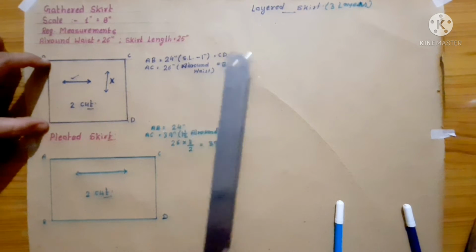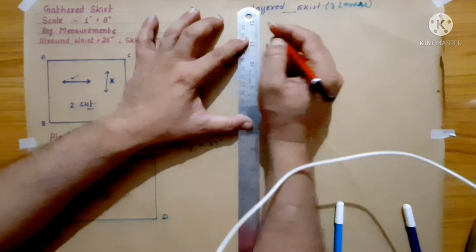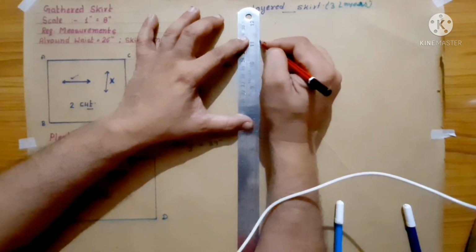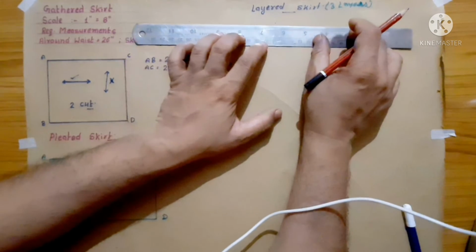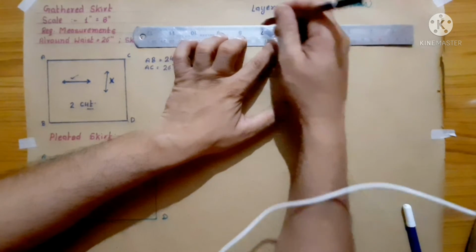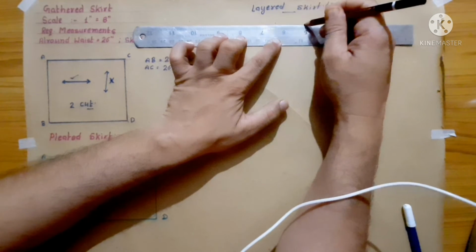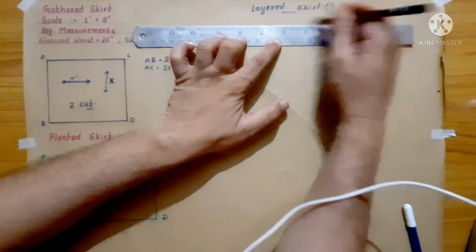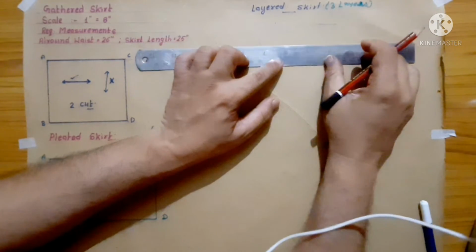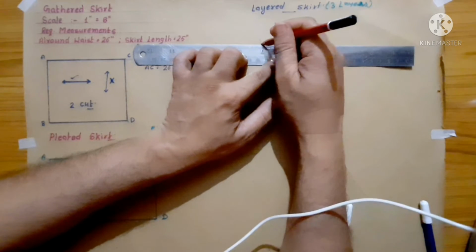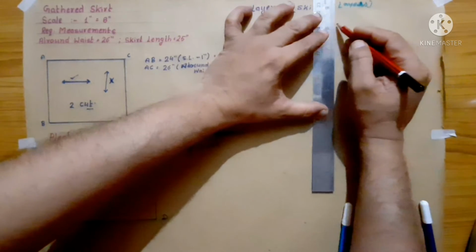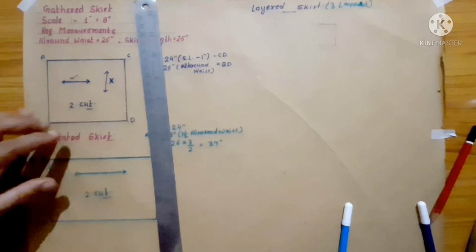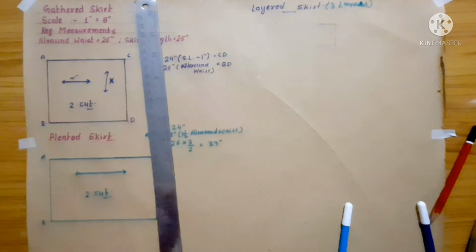First layer would be ABCD. Sorry, I created it with pencil, it will not be visible in camera. Let me overlay it.